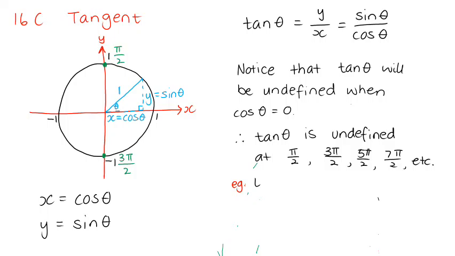Our first example is find tan 2 pi. We know from the formula up above that tan theta is sine theta over cos theta. So it's going to be sine of 2 pi over cosine of 2 pi.